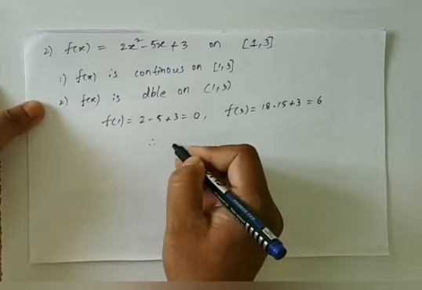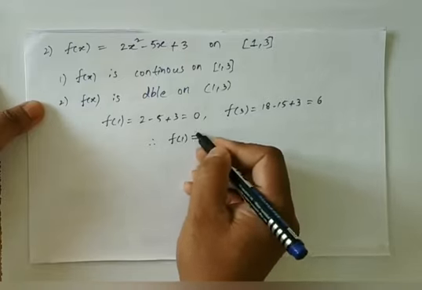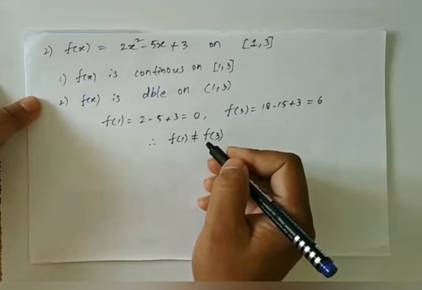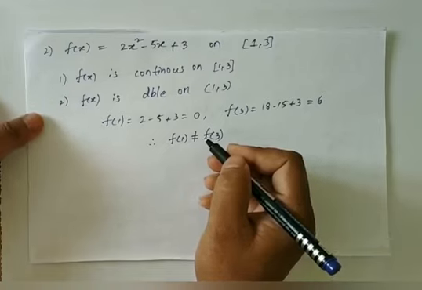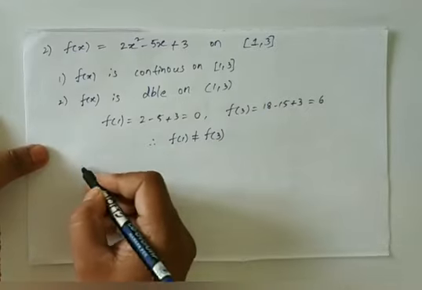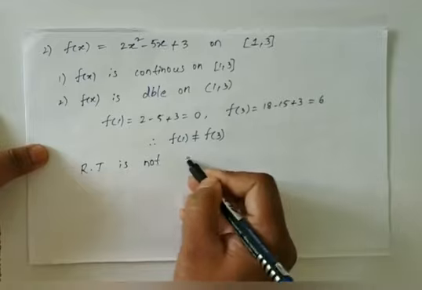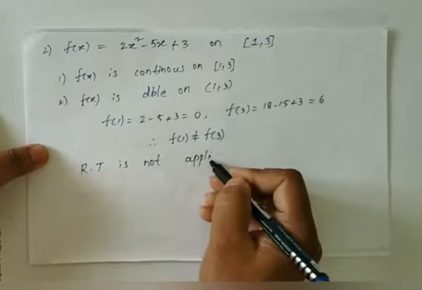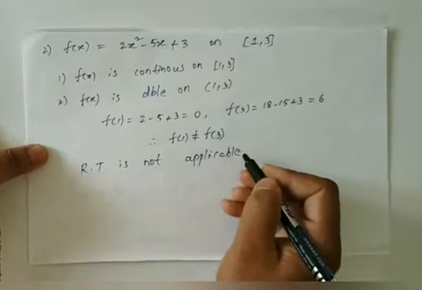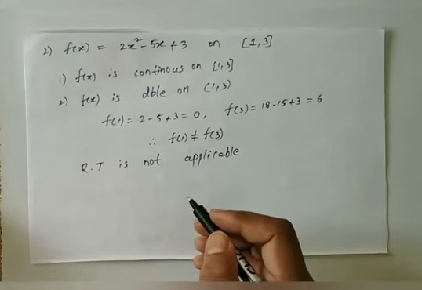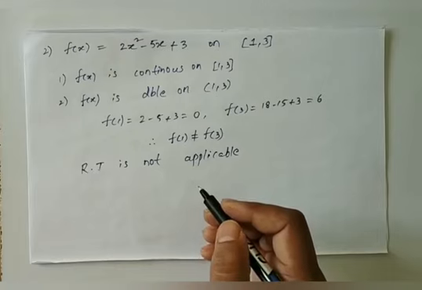So we can see that f of 1 is not equal to f of 3, so Rolle's theorem is not applicable for the given function on the closed interval 1 comma 3. Write down: Rolle's theorem is not applicable for the given function in the closed interval 1 comma 3.